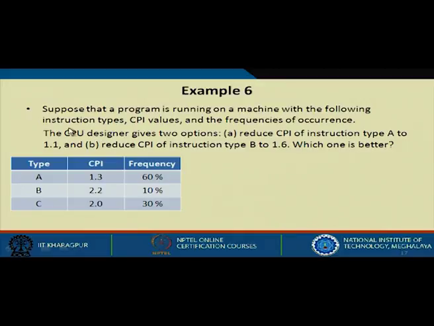Let us take another example. Suppose that the program is running on a machine with the following instruction types, CPI values and frequency of occurrence. The CPU designer gives 2 options.